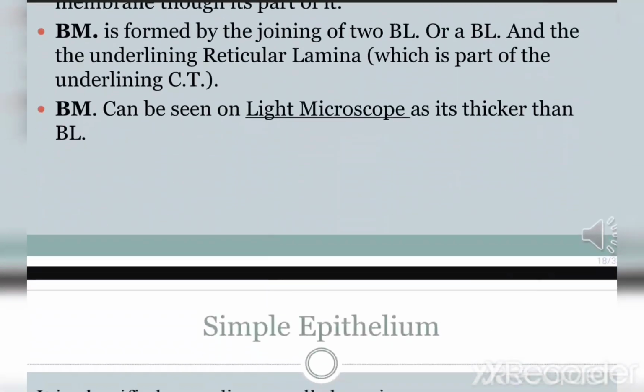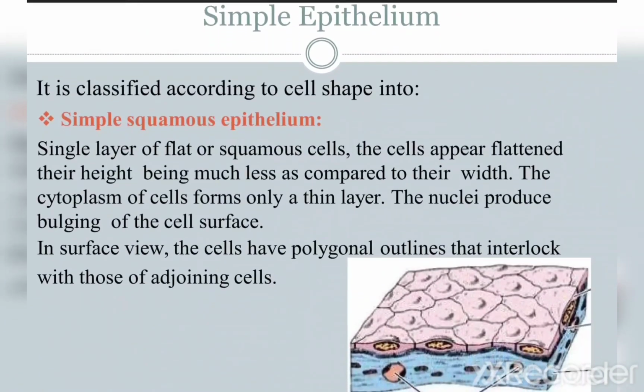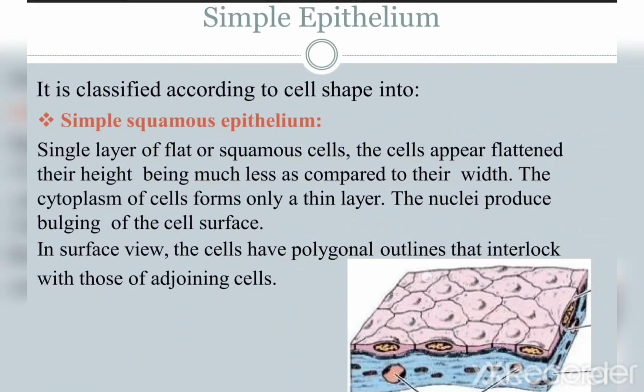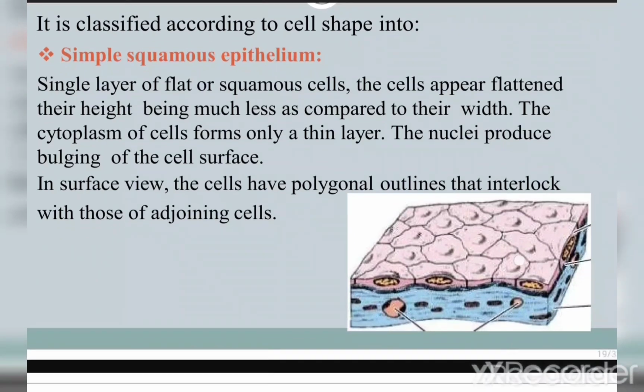Regarding the types of simple epithelium, we will go through the classification. We will leave the compound epithelium for the next lecture, inshallah. The simple squamous epithelium is a single layer of flat, squamous cells with a central, somewhat protruding nucleus, with a basal lamina and connective tissue beneath it.